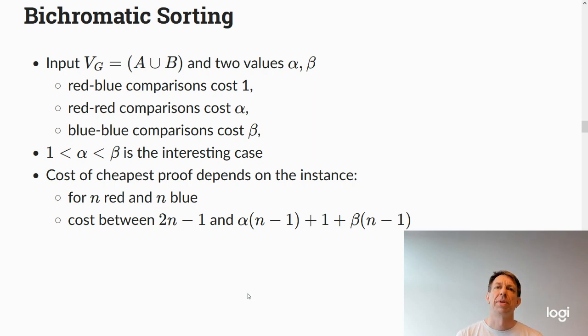So we have this range of costs between 2n minus 1 and alpha times (n minus 1) plus 1 plus beta times (n minus 1). So there is quite a range. If alpha and beta are big numbers, then there's quite a range of costs that we might relate to, and we'll have to find an algorithm that is good no matter what the underlying instance looks like.